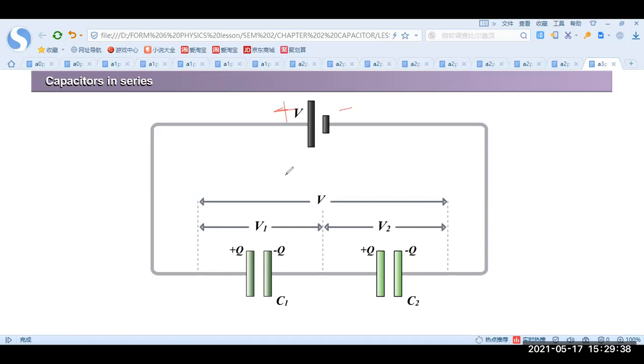The positive will cause the other side to be charged with negative, with the dielectric insulator medium in between. Negative will attract the other, causing the other side to charge with positive, and this side is negative through the negative terminal.